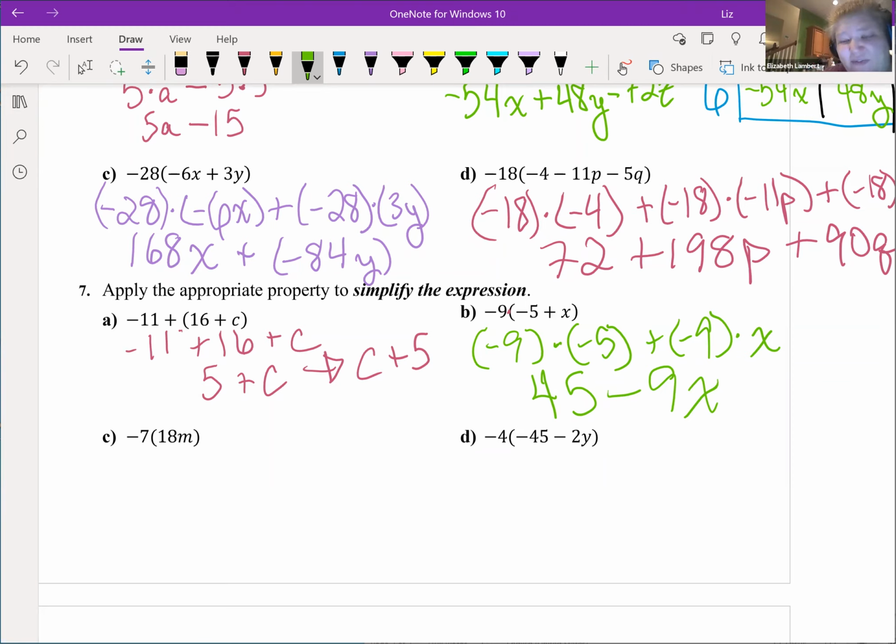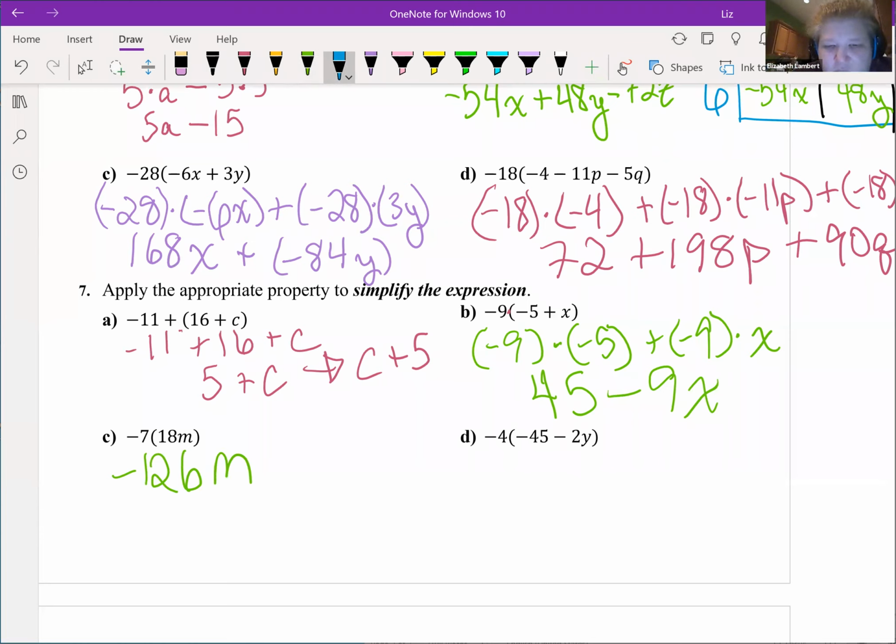Even if it was -18m, it's still not minus 18m. There has to be two terms separated by a plus or a minus to invoke distribution. So this is just regroup the -7 times 18, which is 70 and 56, so 126, but it's negative with an m. So -126m.